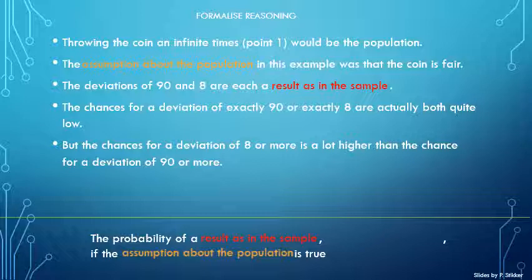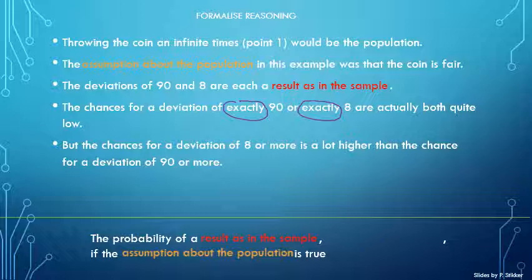So the difference here is in the exactly 90 or exactly 8. Both are actually extremely low chances. But if we look at 8 or more, so even a higher deviation than 8, or a higher deviation than 90, the chances become different.